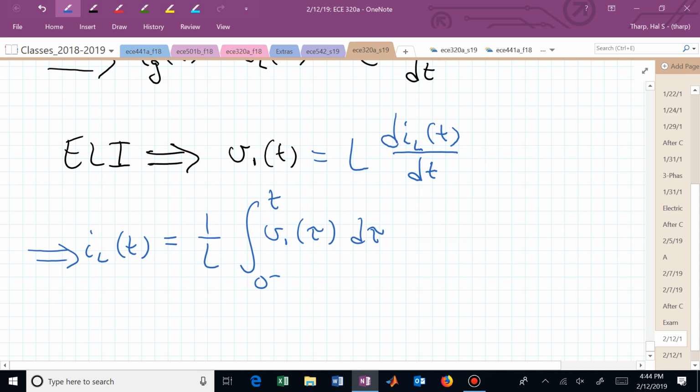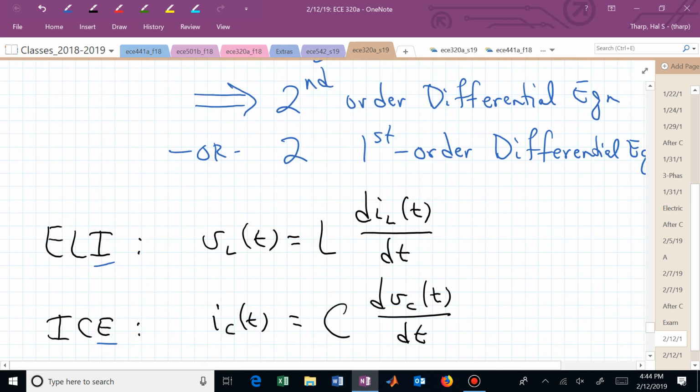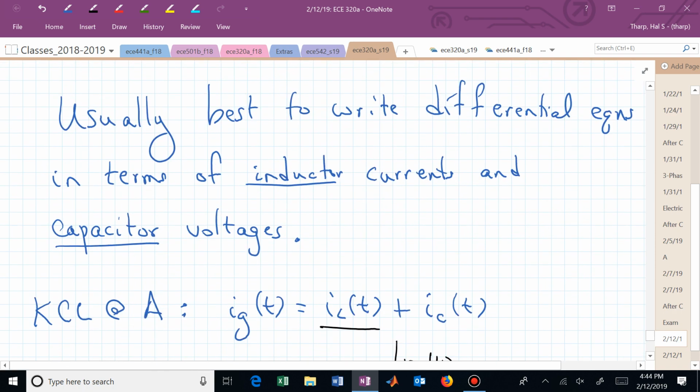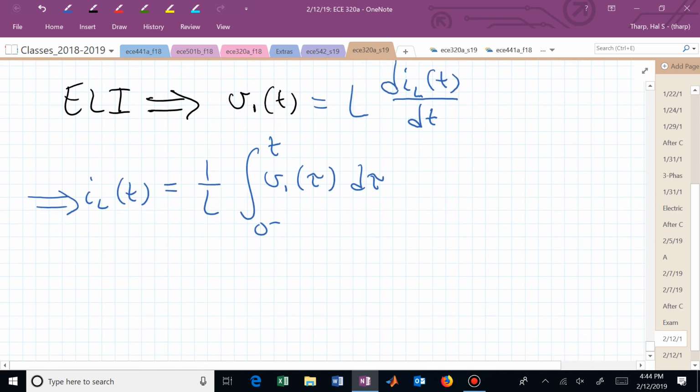So if we wanted to write this in terms of voltages, if somebody said, oh, I want this in terms of voltages, here is V1 at the first node, and right here could be V sub 2 or V sub C at the second node. And now you have these two voltages. If you say, I don't like mixing currents and voltages, let me just write this in terms of voltages, you now have a way of doing that relative to using this I sub L.